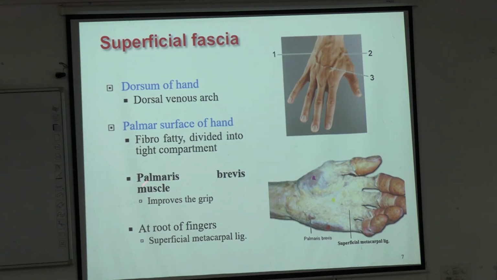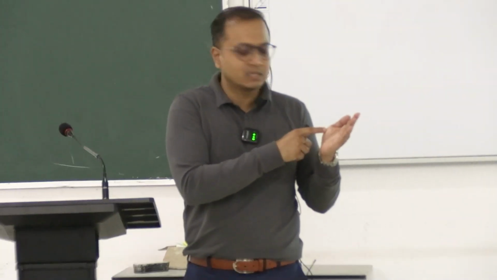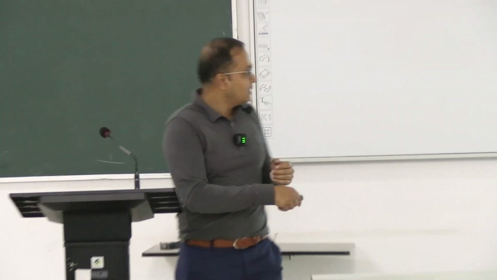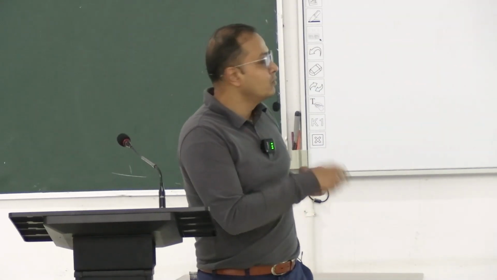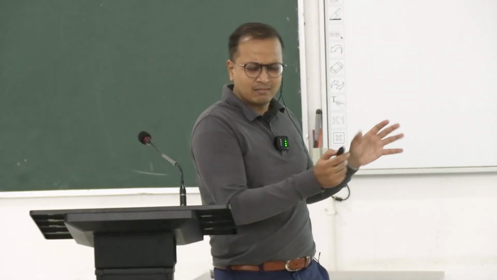And this palmaris brevis helps to have a grip. If you look at your hand and make a grip, you can see that there is a kinking or folding of the skin on the palm region. That folding is because of this subcutaneous muscle which is present here, which we call palmaris brevis. And that's it about the superficial fascia that you have to understand in this palm region.